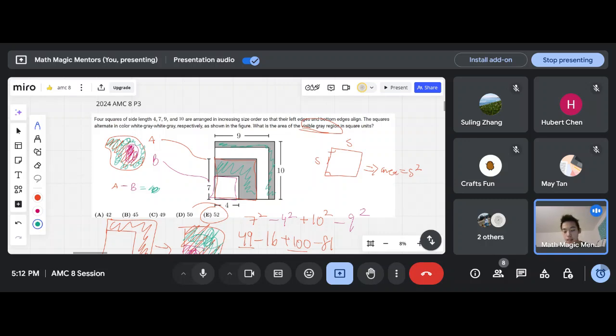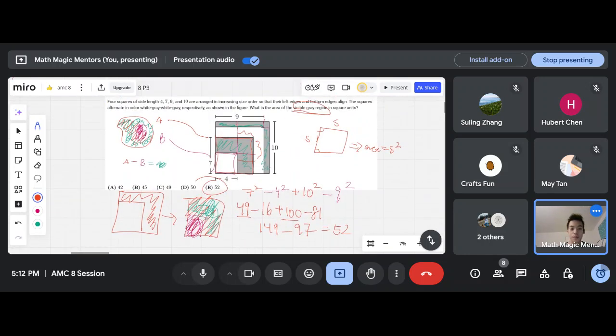Another way to do it is obviously just split it up like that. You could split the region in many ways, but I find that splitting it up is a little bit more work, simply because you've got to find the side length of this, the side length of this, and the side length of that, and you just have to do more work to get the actual area. Whereas subtracting the part from the whole will give you the gray areas very easily.